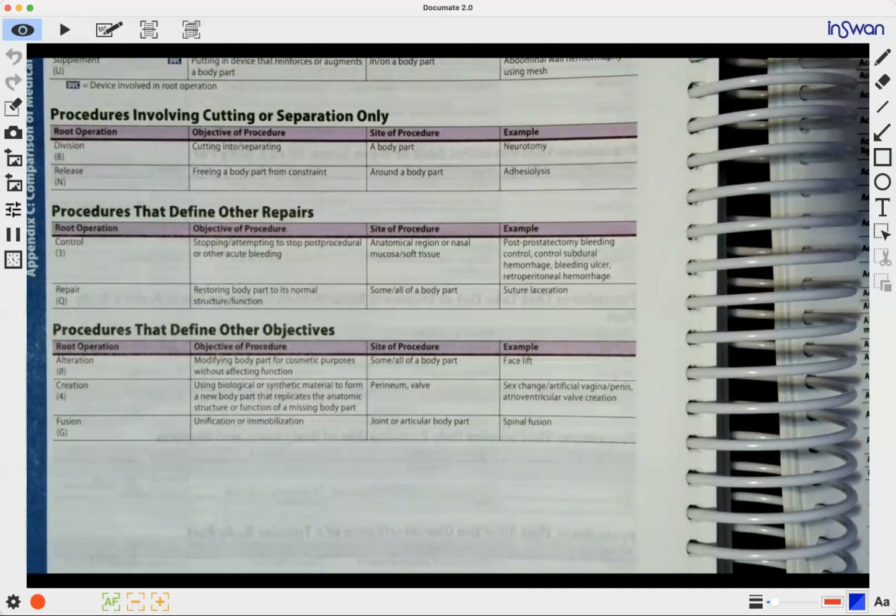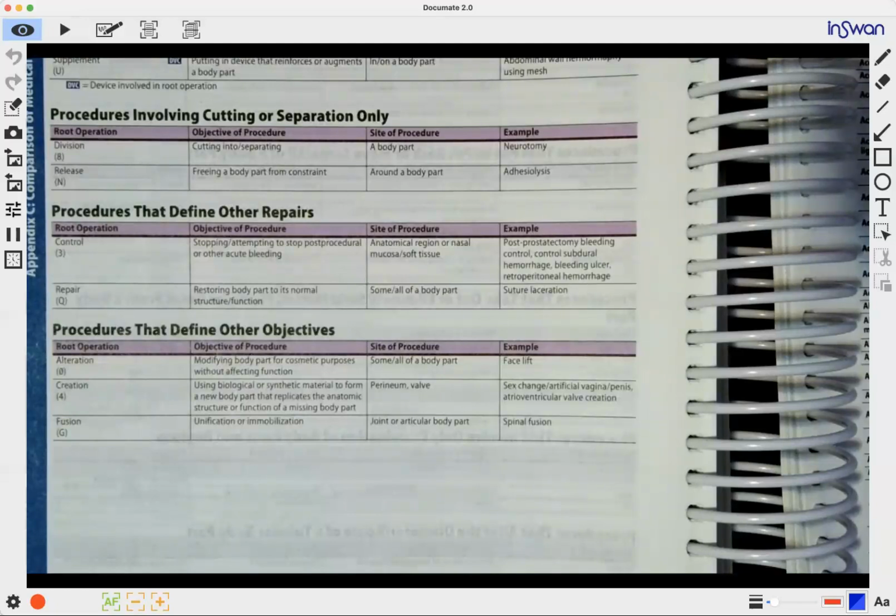So let me give you a couple more examples here. I don't want to go outside of the med surg section. So a bunionectomy is going to be an excision. They're removing a bunion off of a body part. Anything orify is often going to be a repair.